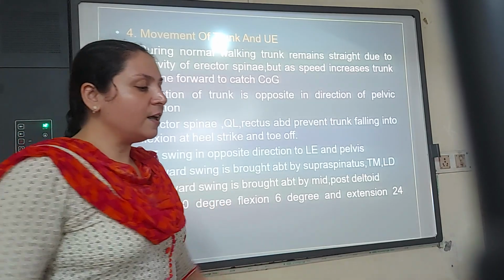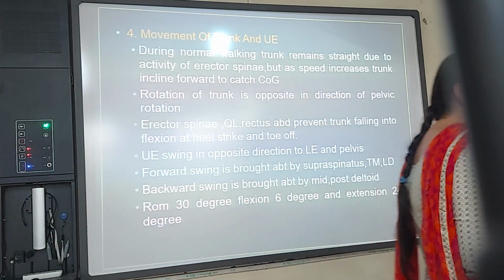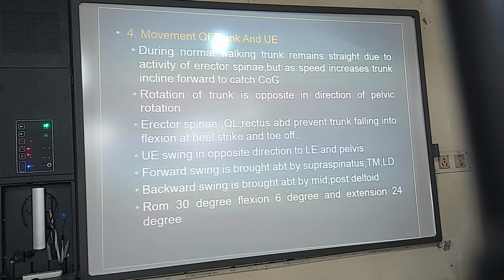When we walk in a proper manner, not when we are conscious, in which case we march like this, in a normal stance or normal walking speed the flexion movement of the shoulder is only 4 degrees, and the extension movement, because of that truncal rotation, is increased to 24 degrees. The extension movement is more and the flexion movement is less.